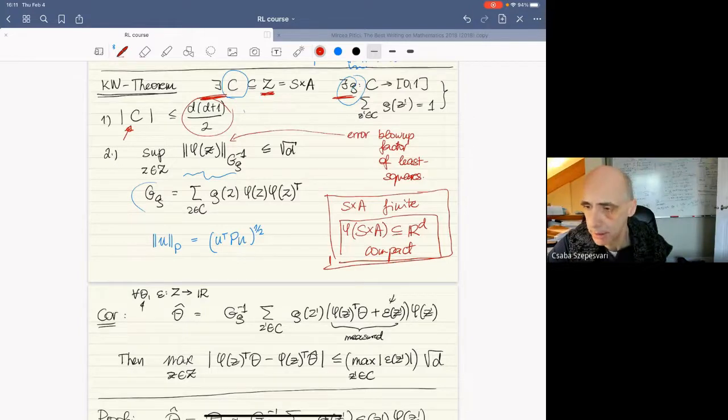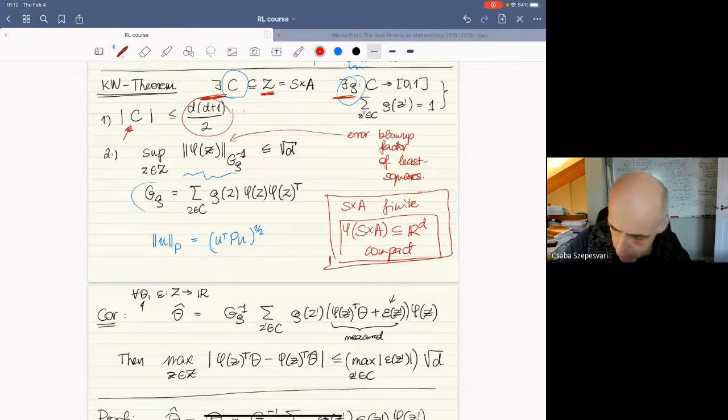So we're going to allow ourselves just to look at all the features, which is kind of ugly, or you could start off with choosing really special features where these are easy to find. And the optimal design literature is full of cases where you can do this, without enumerating all elements of S times A.